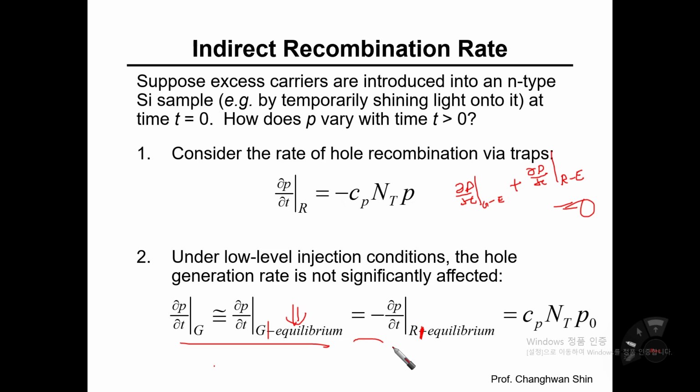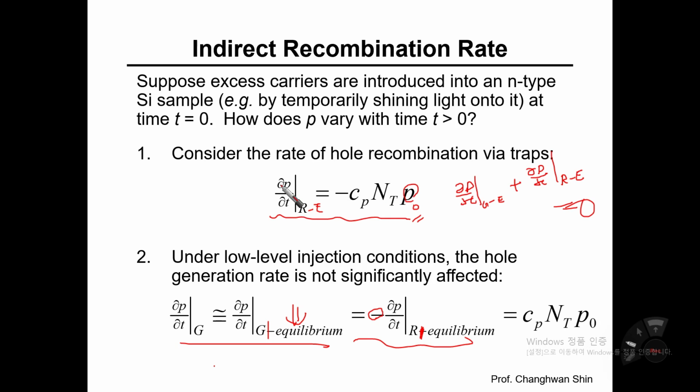So we can write this guy as minus ∂p/∂t|R at equilibrium. But in step number 1, what if this is R equivalent? Then this p would be p naught. The same derivation step would be valid.